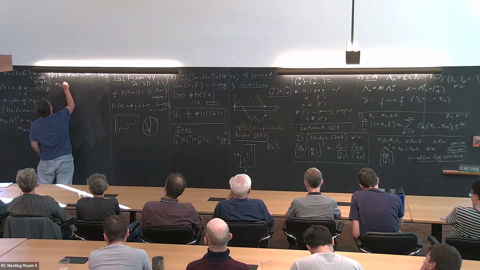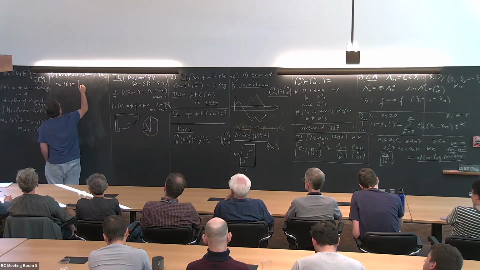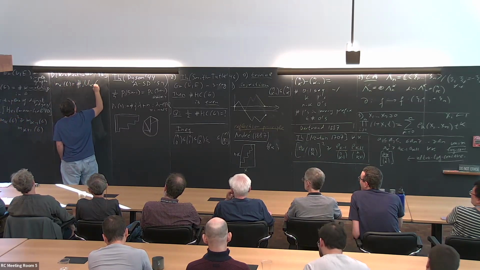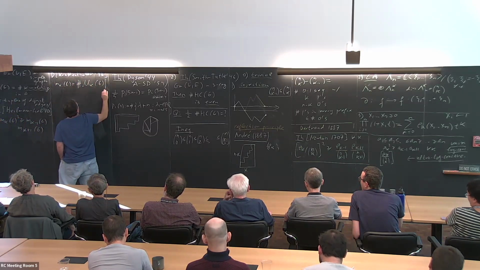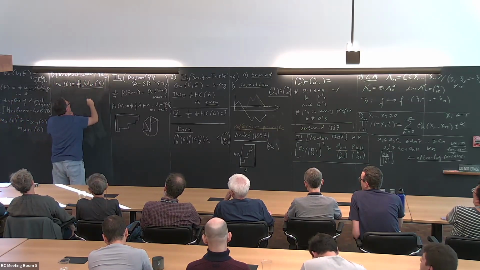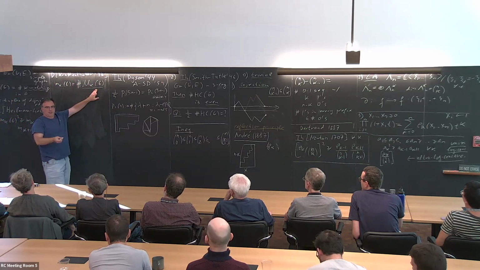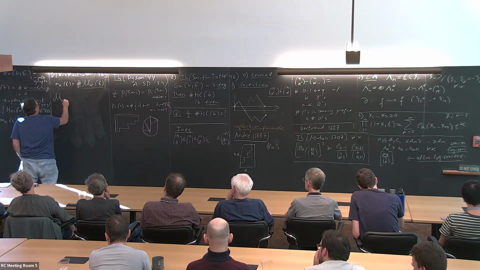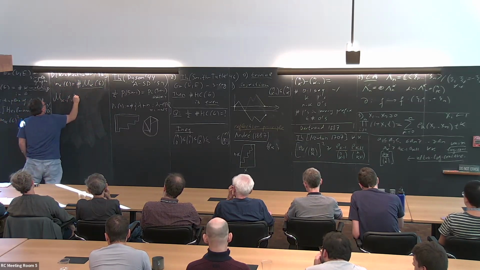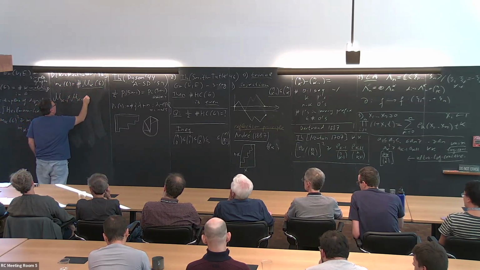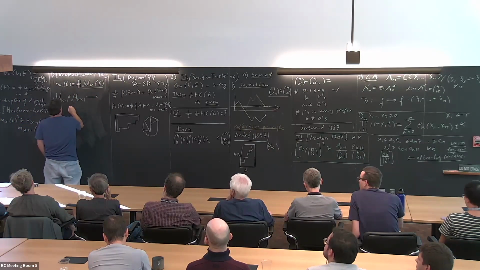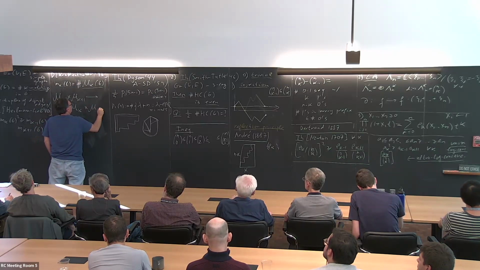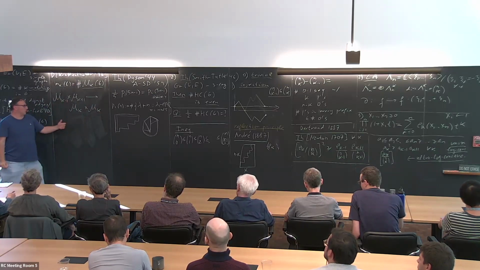We want to say that m_k(G) is the number of elements in a subset of k-matchings. So what you want to do is take m_{k-1} times m_{k+1} and find an injection of that into m_k times m_k.